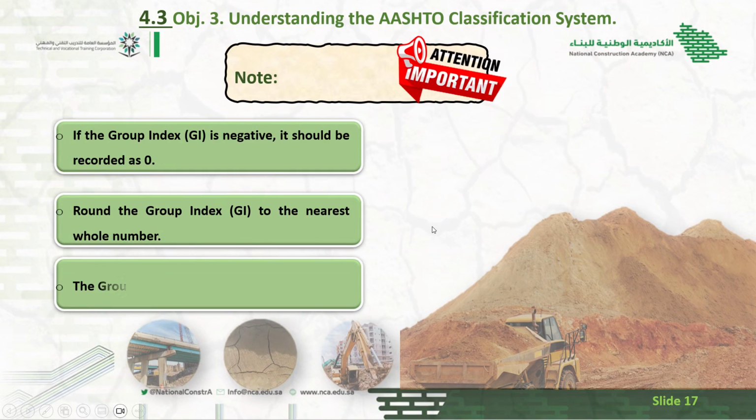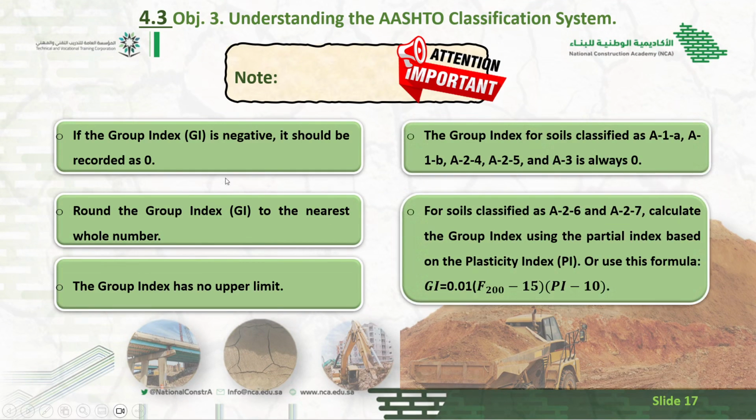There are some important notes for the GI. First, if you calculate the GI value and the answer comes out as minus 10, you should make it 0. There is no negative value for the GI. If the value is minus 100 or minus 1000, you should still make it 0. Understand?